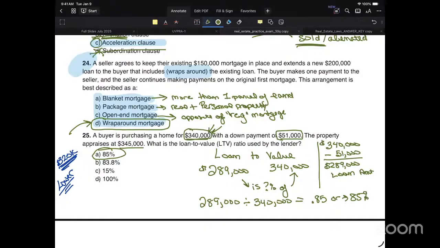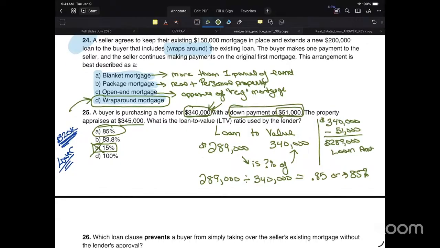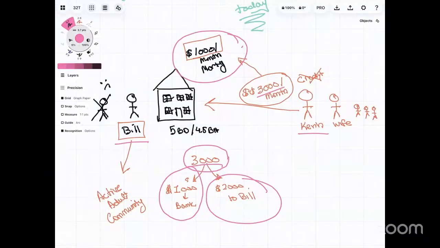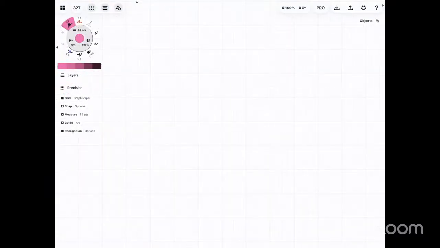Now, I see some of y'all chose 51%. Now, that's the wrong answer, but that's because it says here the down payment is $51,000. Remember, I'm going to scoot, let's do it this way. Boom. Give ourselves a little video here. Oh, that's where I was just talking about the wraparound, remember? If the total cost, the total sales price is $340,000.